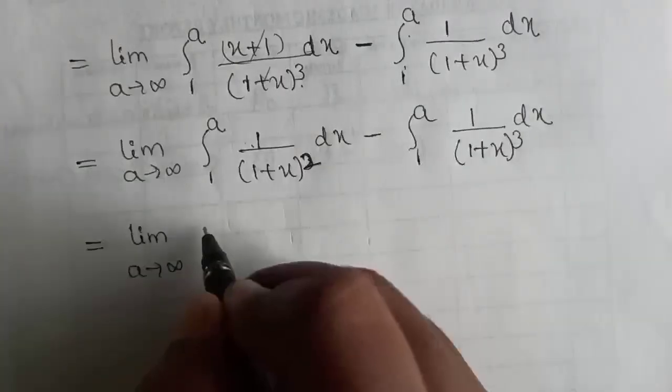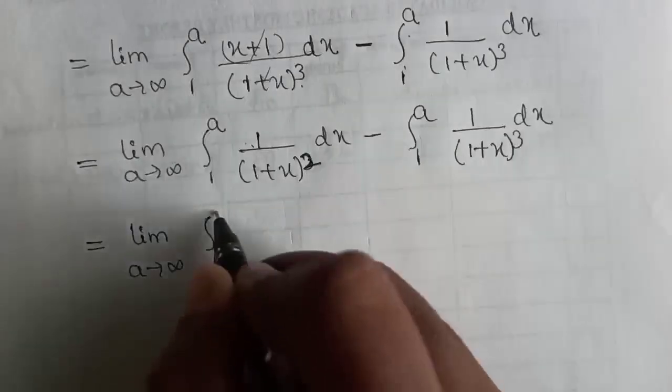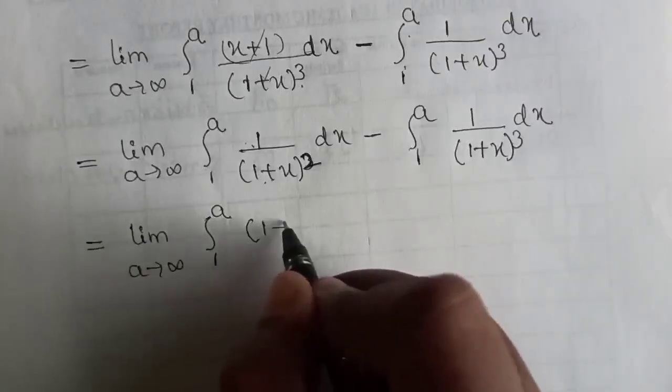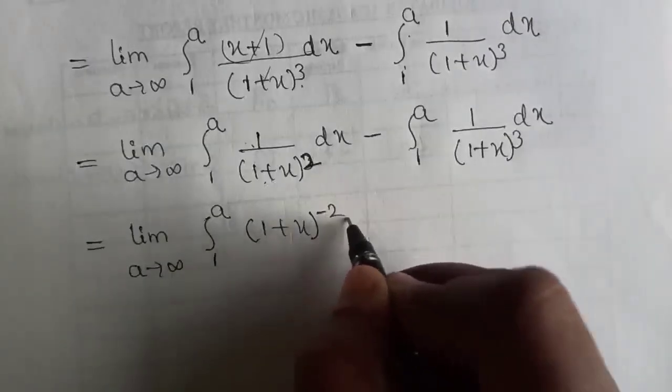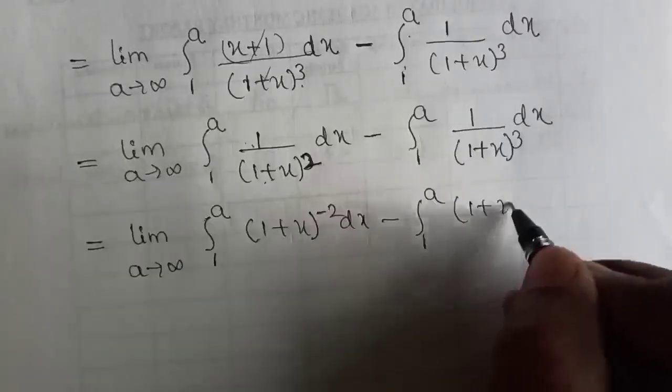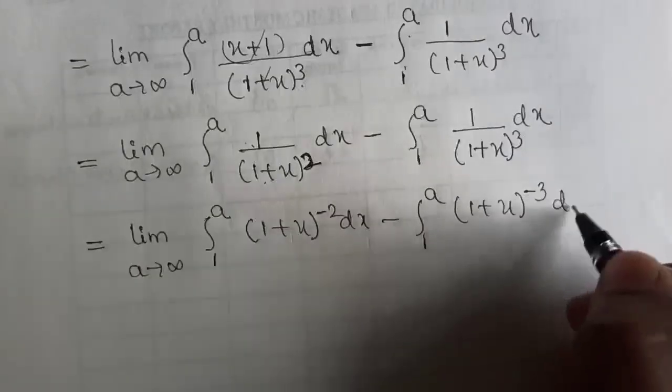Now this can be written as integration 1 to a of (1 plus x) raised to minus 2 dx minus integration 1 to a of (1 plus x) raised to minus 3 dx.